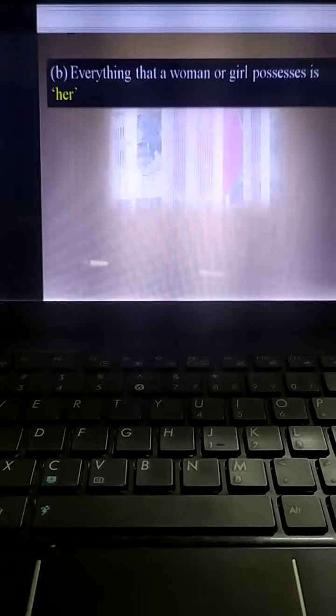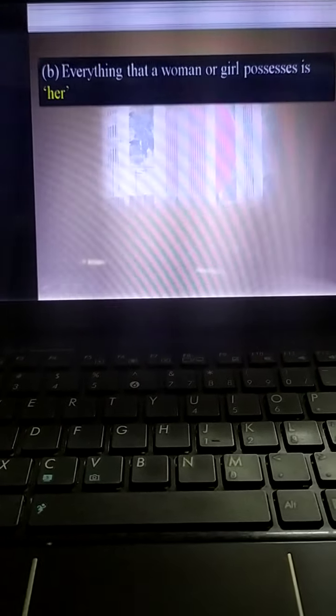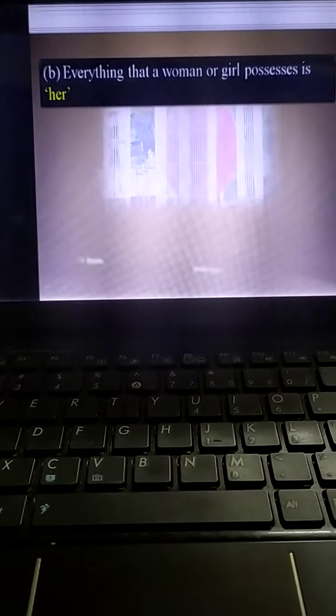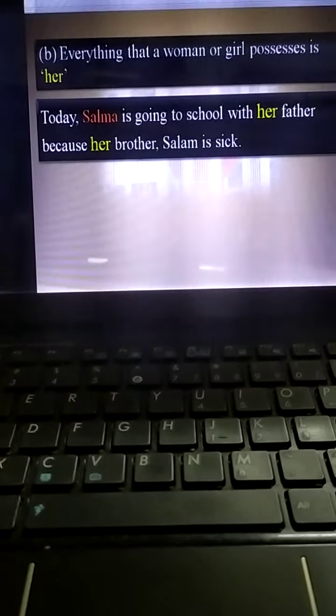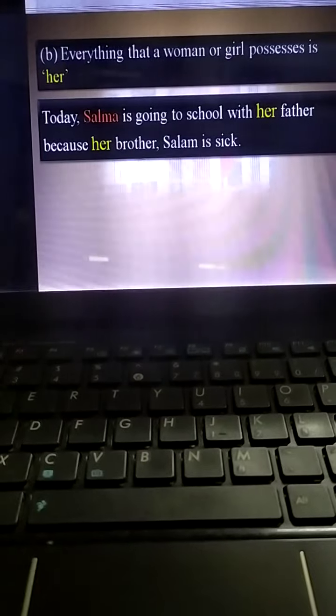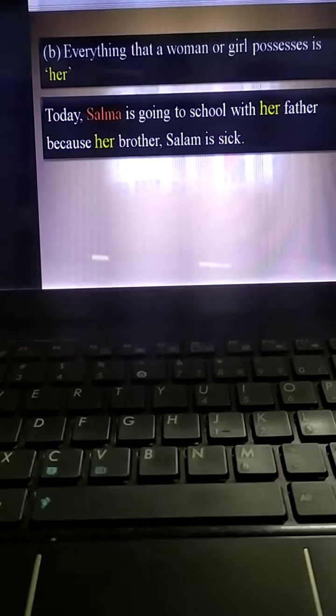Now, B. Everything that a woman or a girl possesses is her. That means regarding female, you have to use her. Look at the example. Today, Salma is going to school with her father because her brother Salam is sick.